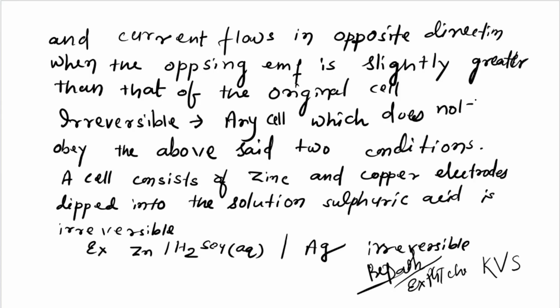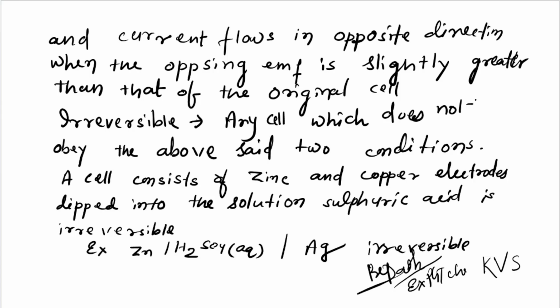So here Zn in H2SO4 is the cell that is irreversible. Zn in H2SO4 is also irreversible.